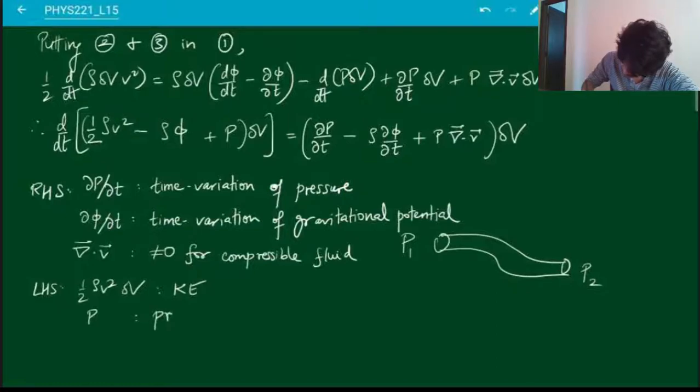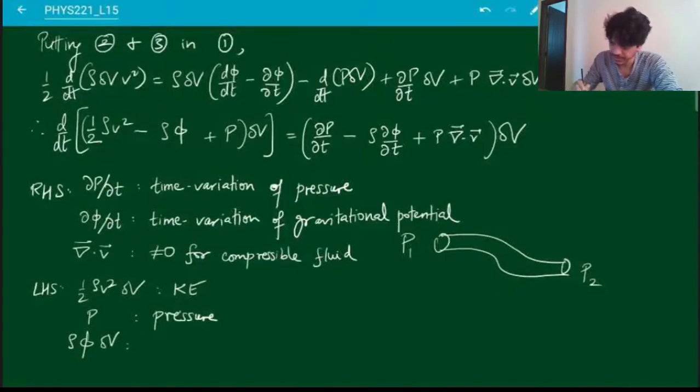P is the pressure that you have applied. And what is rho phi delta V, let's call it. Well, since we are putting delta V everywhere, I will call this the potential energy due to the applied pressure.